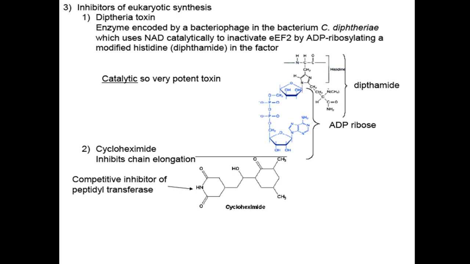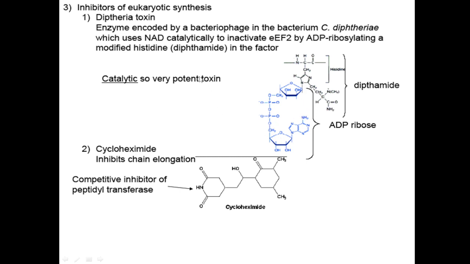For example, diphtheria toxin inhibits elongation factor 2 by ADP ribosylation of a modified amino acid, histidine, so-called diphthamide, important for the function of elongation factor 2.